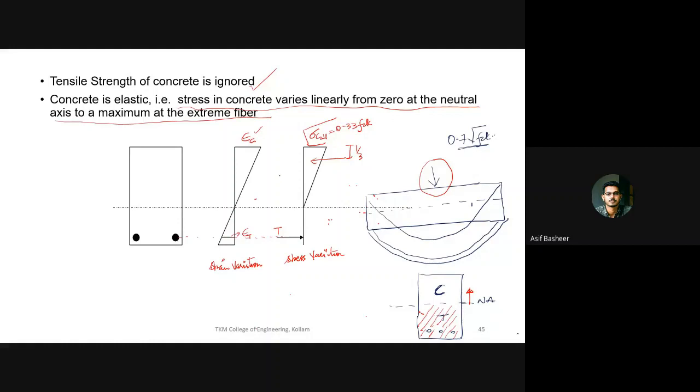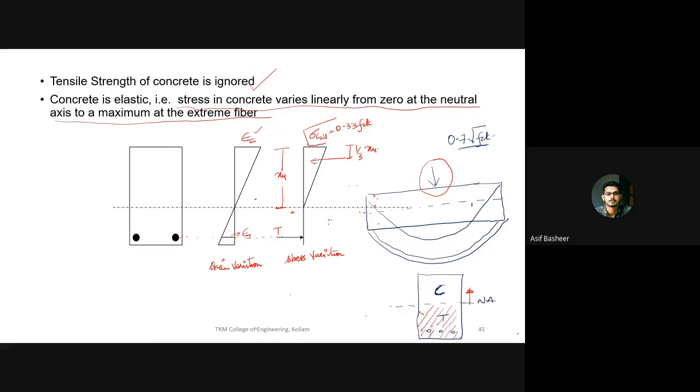If I take the depth of the neutral axis from the extreme compression fiber as XU, then the point of application of the compressive load will be 1 by 3 XU, isn't it?